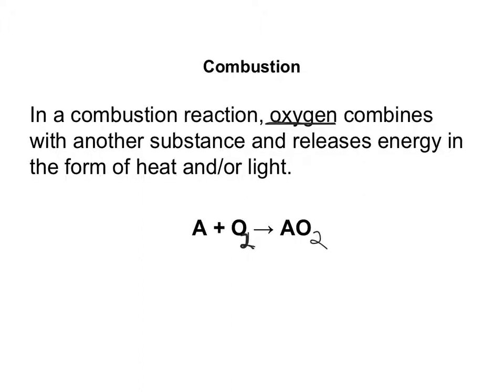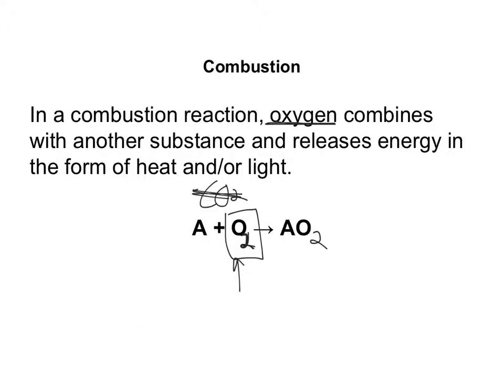So the key factor in combustion is O2 is one of the reactants. O2 is one of the things on the left, and it's just O2 by itself. It's not like CO2, right? That's not oxygen, that's carbon dioxide. So that doesn't count. It's only when oxygen is as an element that we would call it combustion.